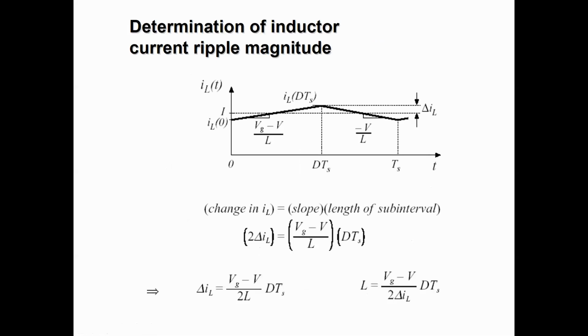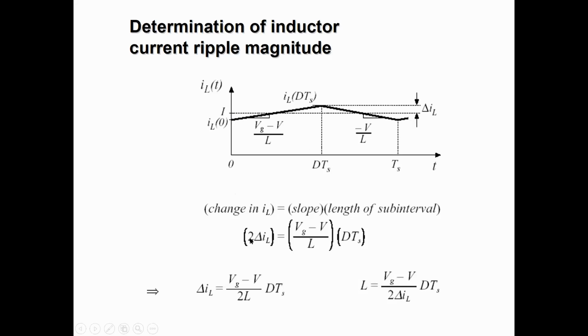Now what we actually want is the inductor current ripple magnitude, that is, how much ripple there is. What are the changes? Here are two changes, this one and that one. So the change in current, delta iL, is equal to (Vg minus V) divided by L times T. This is the DC current, the required DC value, but the current changes from negative to positive, which means there is a double change.